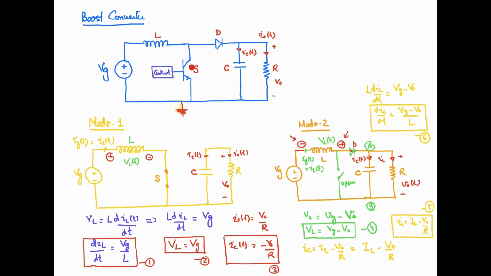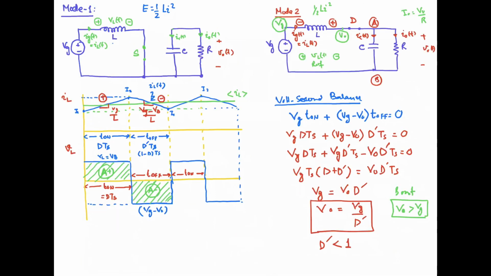Of course, this switch is conducting only for the time t on. Looking at the inductor current, the first part will be passing through the switch, so we take the average value.